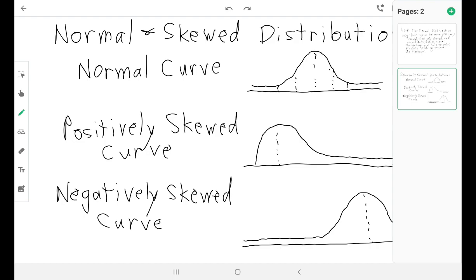So let's do an example, and we're just going to be concerned with how you know the difference, especially when you're looking at data.